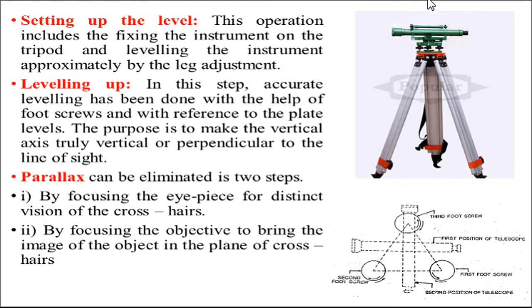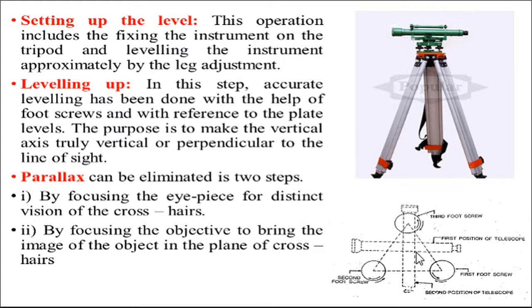Here there is a vertical axis of the instrument and here there is a line of sight, or we can say line of collimation. When these two are exactly perpendicular to each other, the bubble remains in the center of the bubble tube. Now see how to do the leveling.